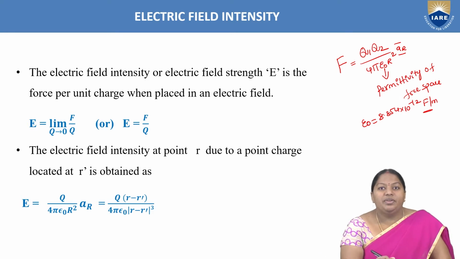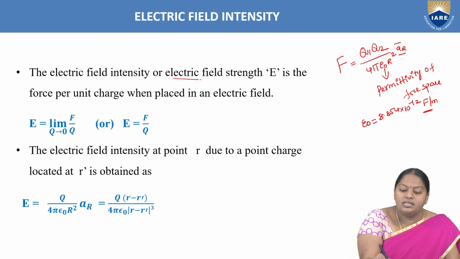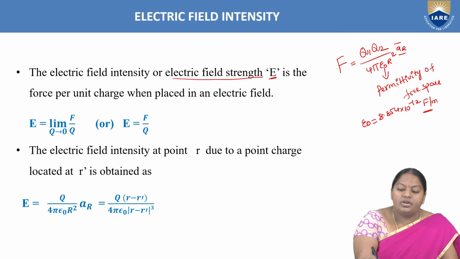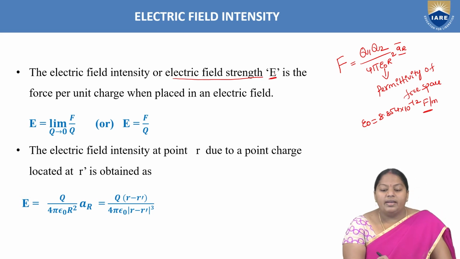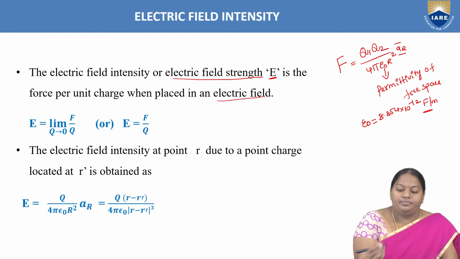Now, what actually is electric field intensity? The definition for electric field intensity: it is also called electric field strength, and generally it is denoted by E. We define the electric field intensity or electric field strength as the force per unit charge when that particular element is placed in a field called electric field.